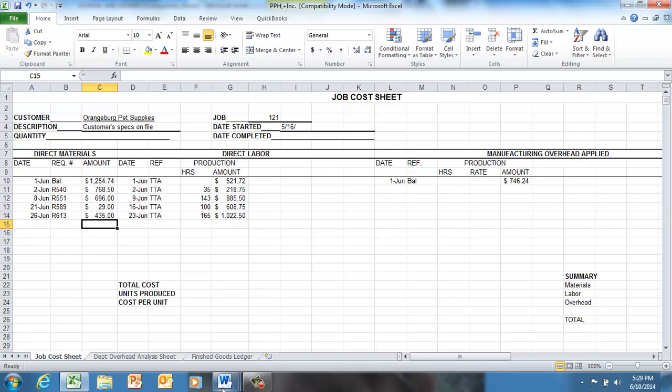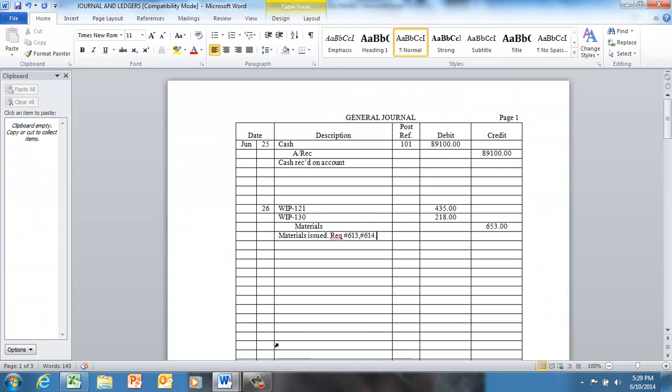So now I'm going to go back here, and normally in the post reference column, once you post to a subsidiary ledger, you're going to put a check mark there to show that you posted the subsidiary ledger. Well, I don't have a check mark, so if you want to just use a little X in the post reference, that will show that yes, you posted to that. Now you can go find job 130 and post to that as well.